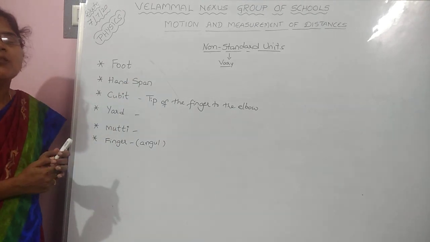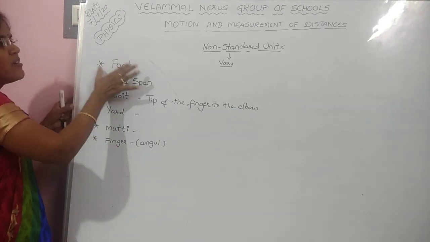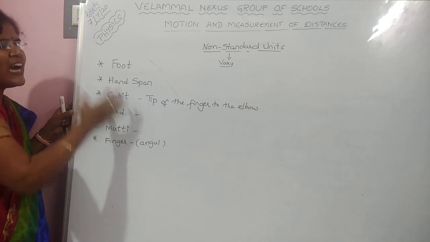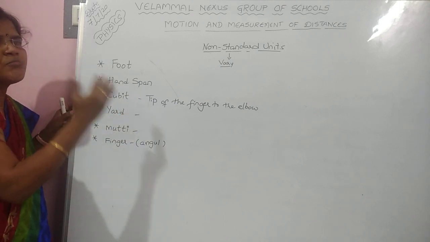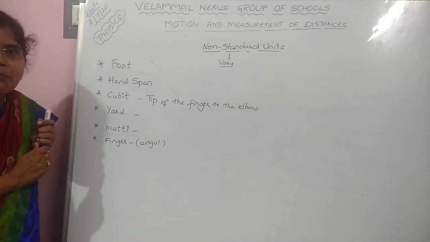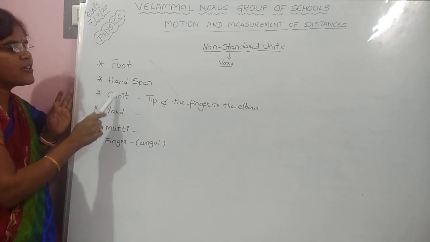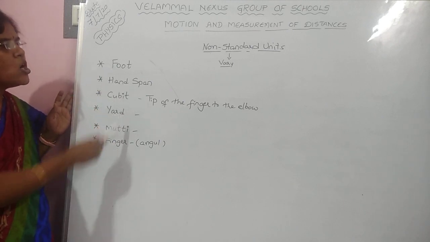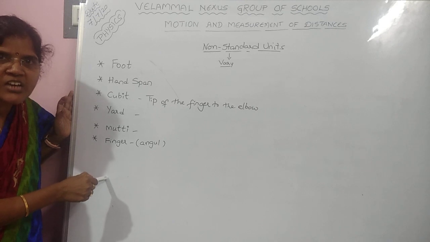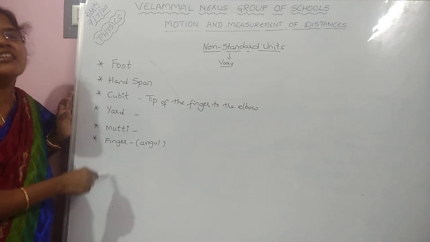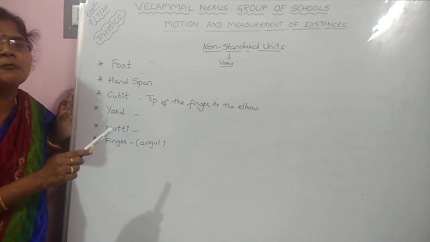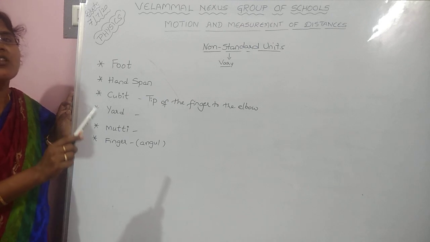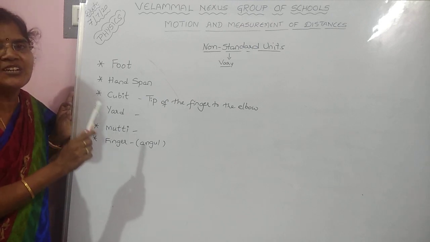Why, children? Because these units, foot, handspan, cubit, yard, will change from person to person. Once again I repeat: foot, handspan, cubit, yard, muthi, finger, all these are said to be non-standard units. Why? They vary from person to person. Hence we call them non-standard units.